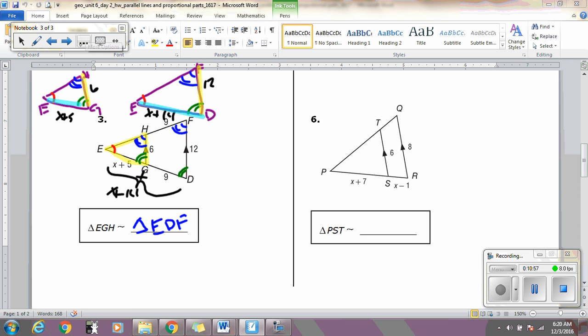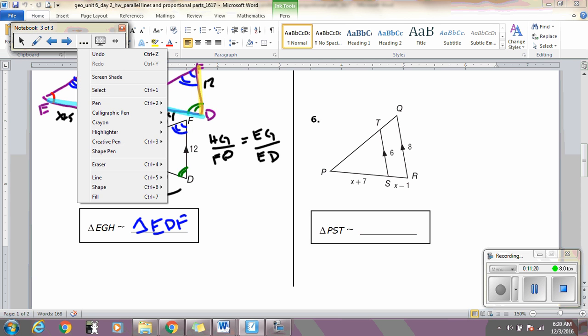So now that we have that, we can write our proportions. So we could say HG is like FD. That's a D, sorry. And EG is like ED.